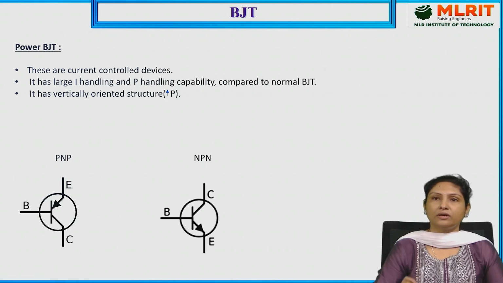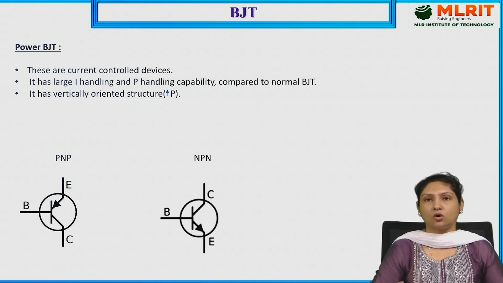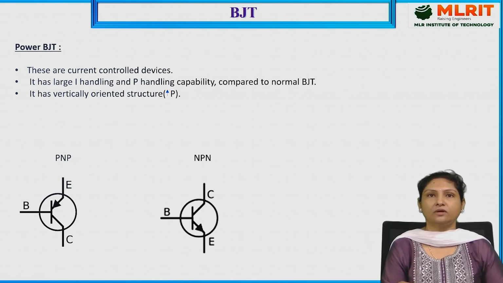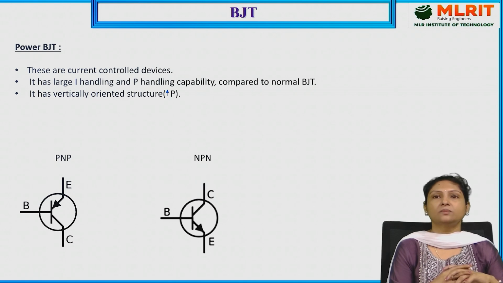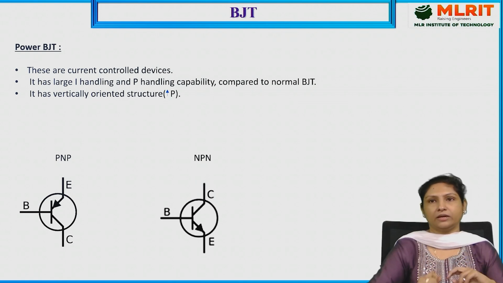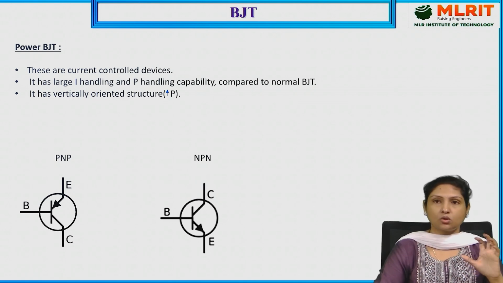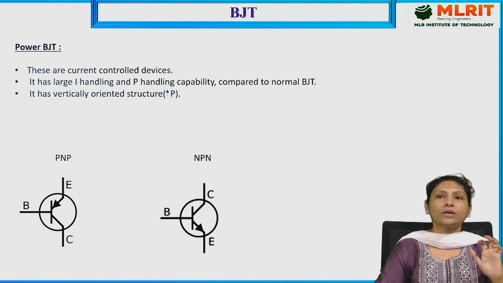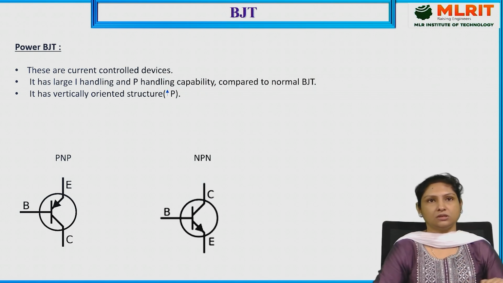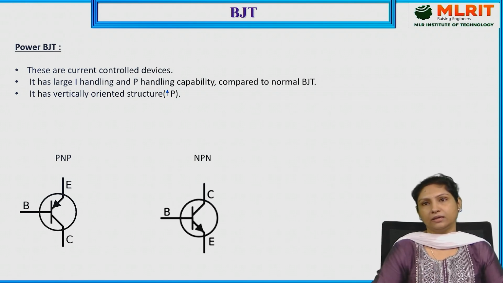I have already explained in my early lectures that normal BJTs are operated for very low ratings, whereas these power BJTs have a larger cross-sectional area and handle the higher power ratings. So the cross-sectional area of power BJTs is more when compared to normal BJTs. And it has a vertically oriented structure which has higher power handling capability.